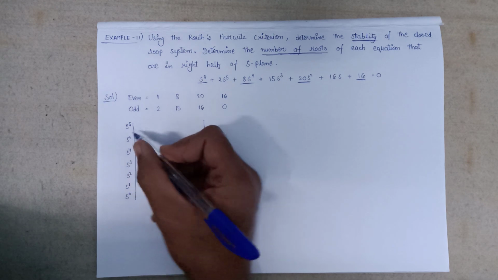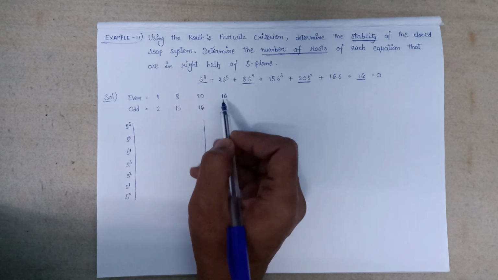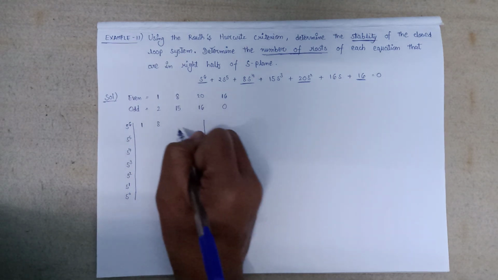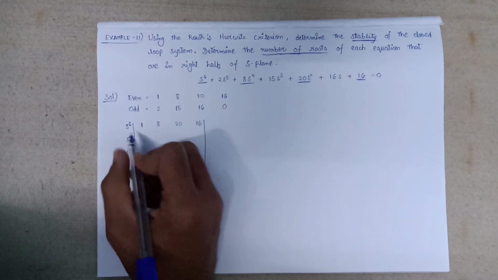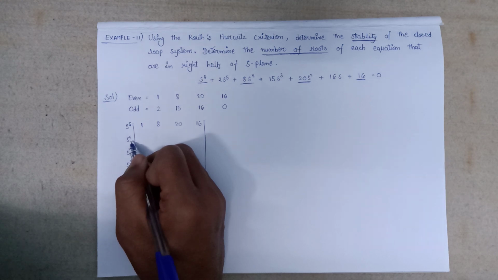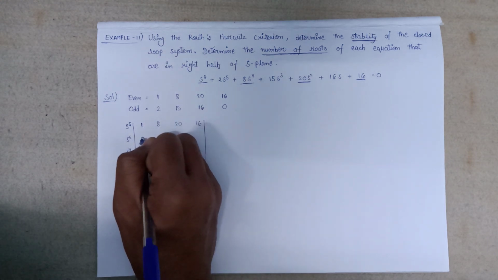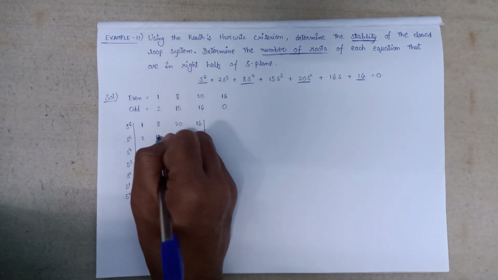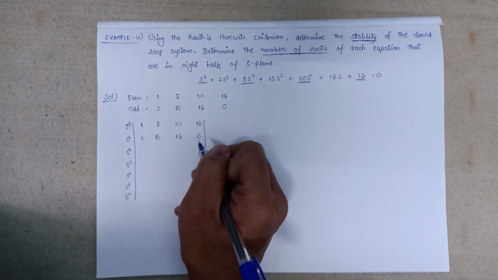Since the highest power of S is 6, an even number, we will write the even power coefficients first: 1, 8, 20, 16. Now S to the power 5 is odd, so the odd coefficients are 2, 15, 16 and 0.